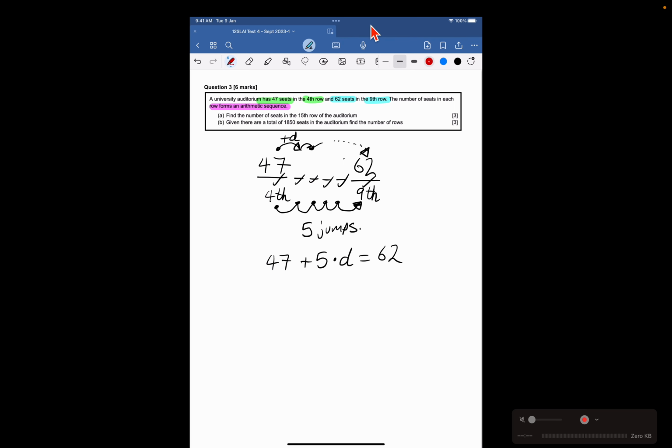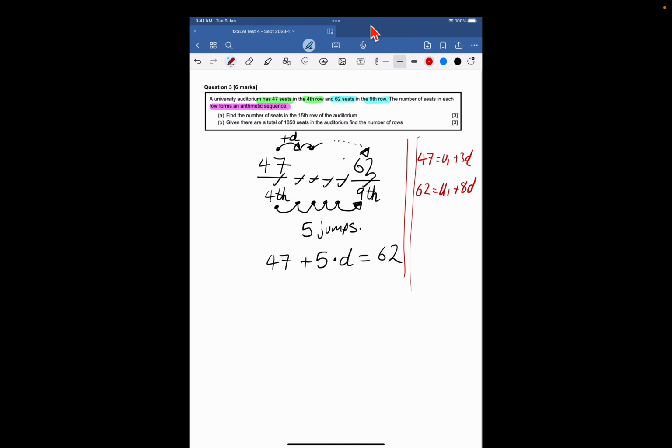Now you could get there in the same way for all you lovers of formula. You could have said 47 equals u1 plus 3d, using the un formula, and 62 equals u1 plus 8d.